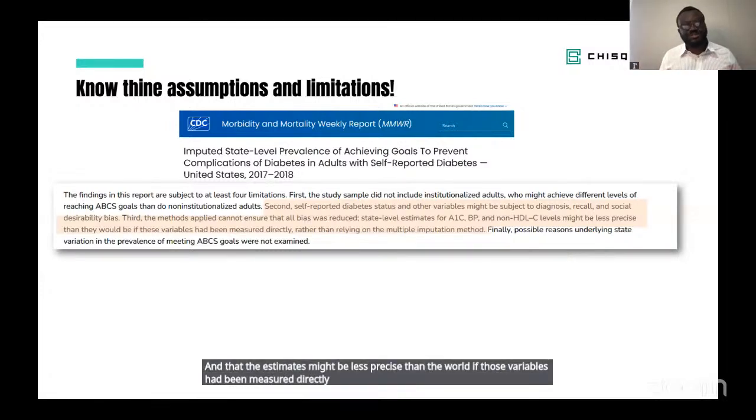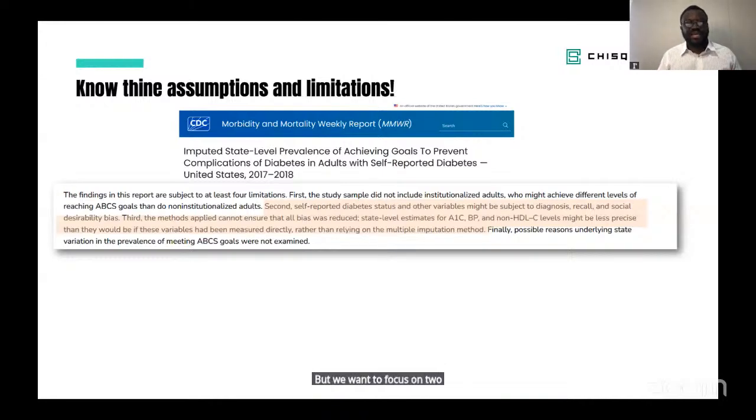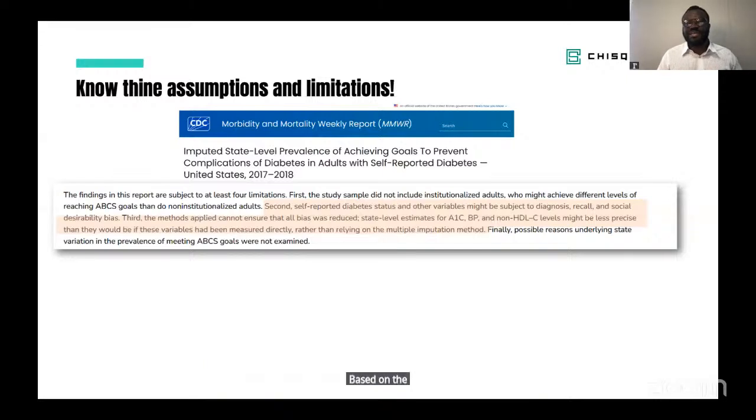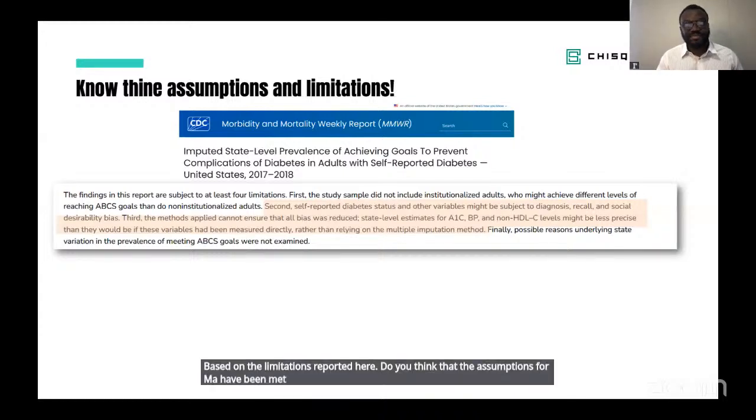There is so much to unpack from this, but we want to focus on two things. One, if the article is looking at self-reported diabetes as an outcome, based on the limitations reported here, do you think that the assumptions for MAR have been met? Again, MAR is missing at random.